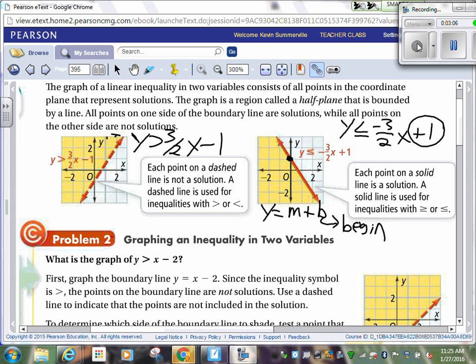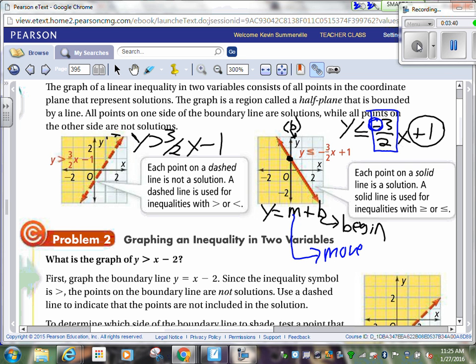So this is my y, but it's also my b. So b and y kind of go together. That's where I begin. This number right here tells me that I have to move. Because this is a negative, am I going to go up or am I going to go down?